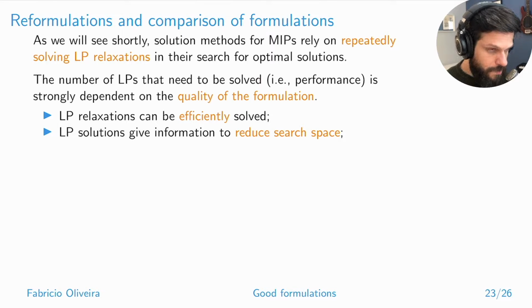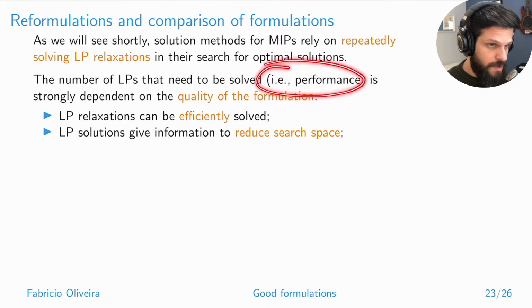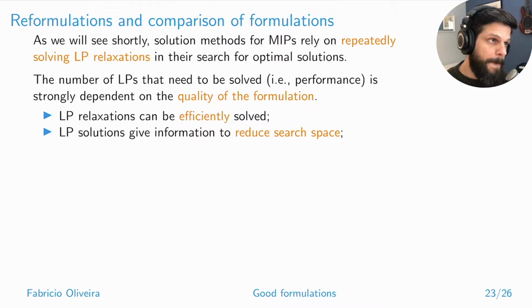That's what is going to give a notion of performance. Because once we are talking about the LP relaxation, the formulation itself becomes important. Depending on the quality of this formulation, you might have to solve more or fewer of these LP relaxations, and therefore there's an impact in performance.